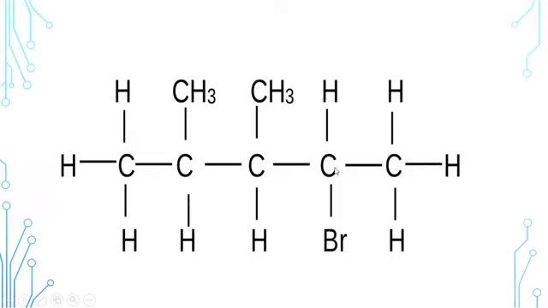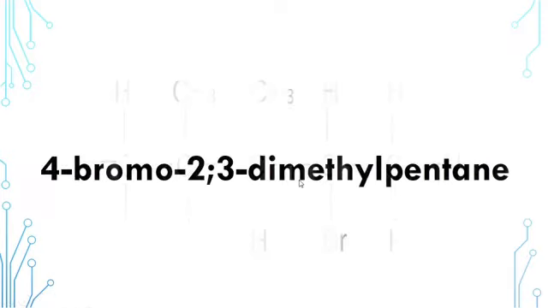And then we have our bromine in carbon number 4. So that's 4-bromo. But when naming, we have to respect the alphabetical order rule. Bromine, B, comes before methyl, M. So how do we name this one? That's 4-bromo, 2,3-dimethylpentane. And that's how you name that one.